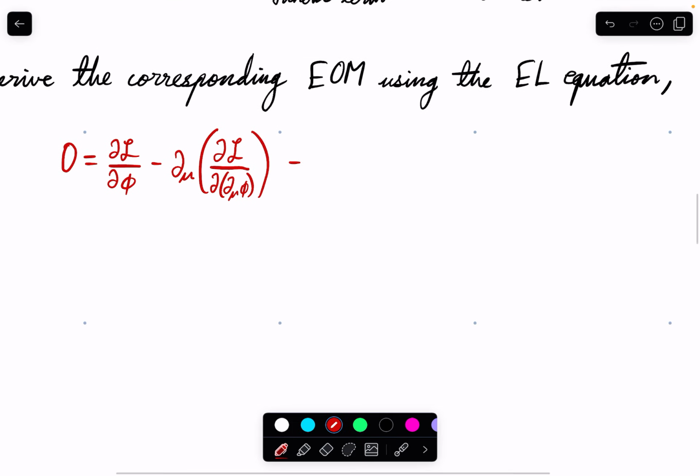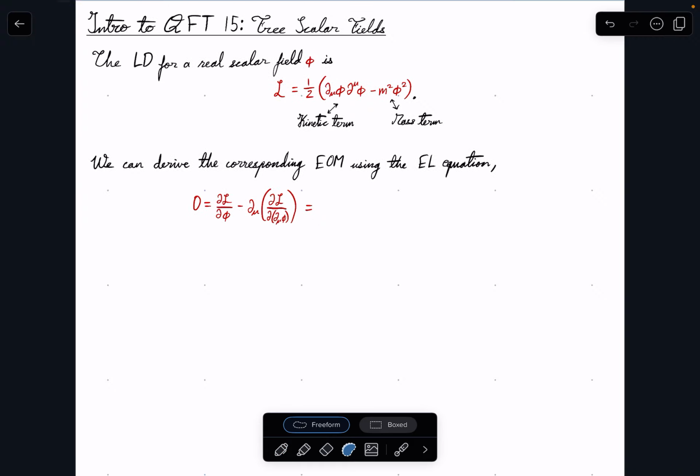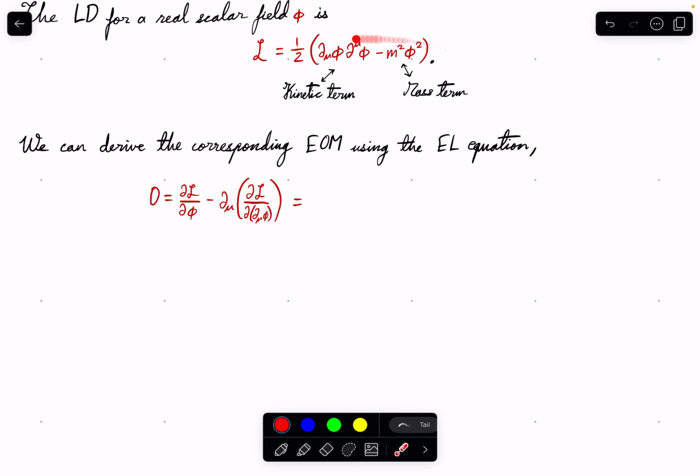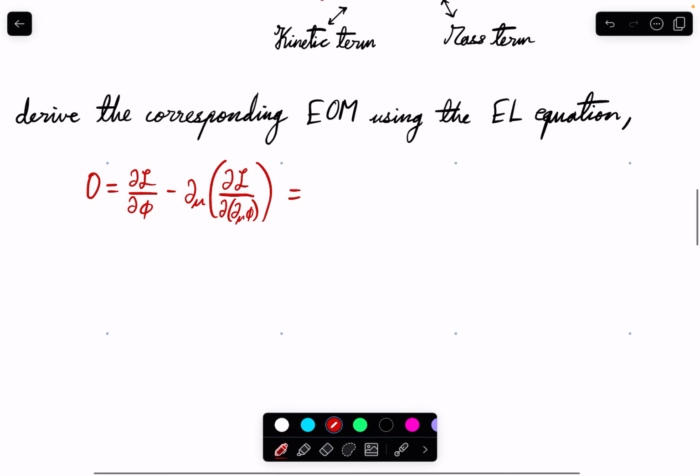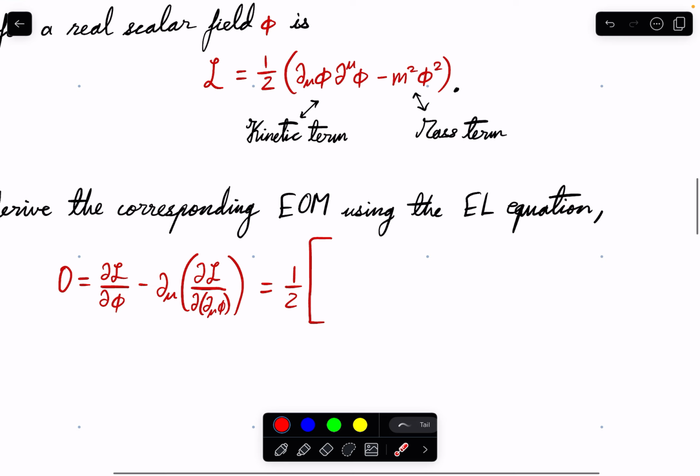So now what we need to do is plug in the Lagrangian density. There's going to be a factor of 1/2 that just comes out to the very front because of this factor of 1/2. And we get the derivative.